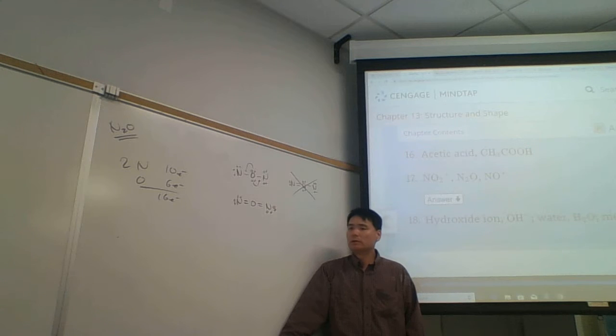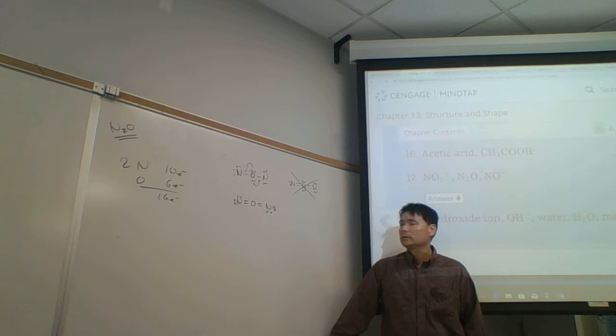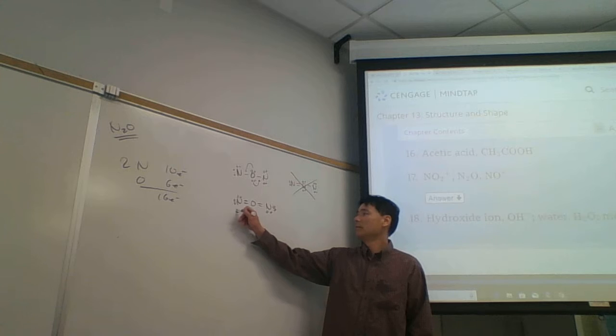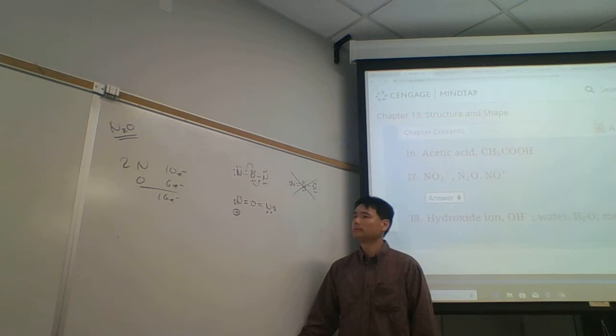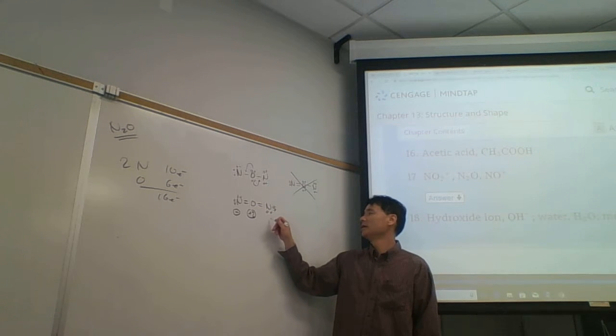So looking at the structure, does it look good to you? What would you do next here? Yeah, let's take a look at the formal charges. So what are the formal charges? Okay, -1 on the nitrogen, +2 on the oxygen, and -1.